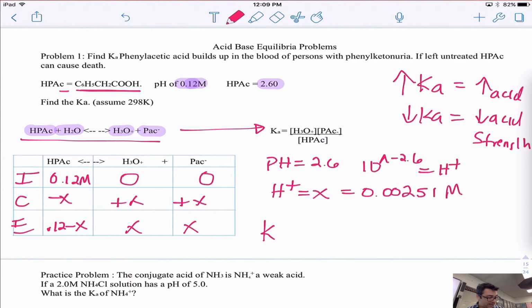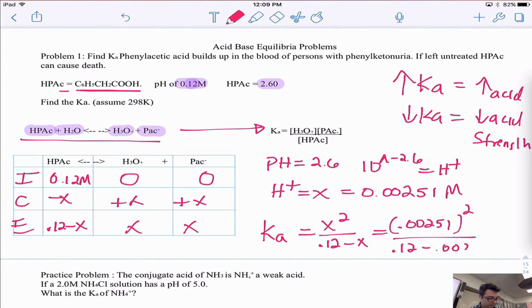Now this allows me to go through and plug in all those values into the Ka. The Ka we can now solve for is equal to x squared over 0.12 - x. We know x, so it's 0.00251 squared over 0.12 minus 0.00251.